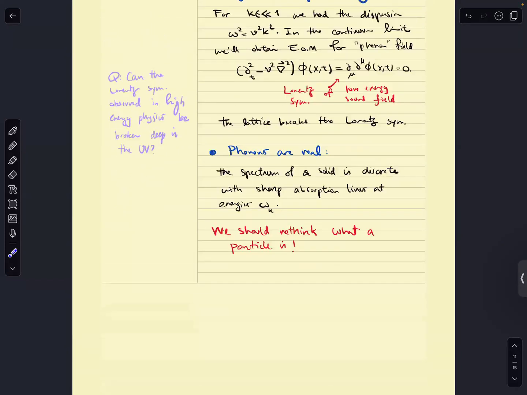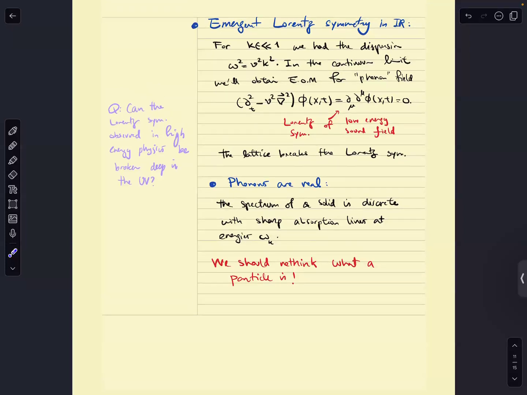So phonons are real. I cannot stress this enough. This is not just some calculation we were doing where we played around with a bunch of variables. When you take a solid and look at its excitations, you could design experiments that measure single individual phonons, and every time a phonon is detected, it makes a detector tick.